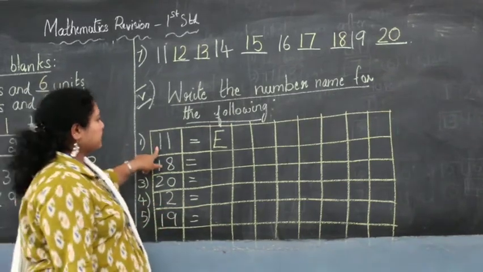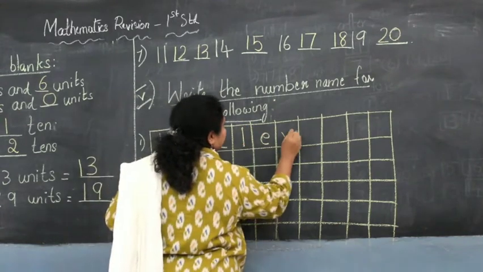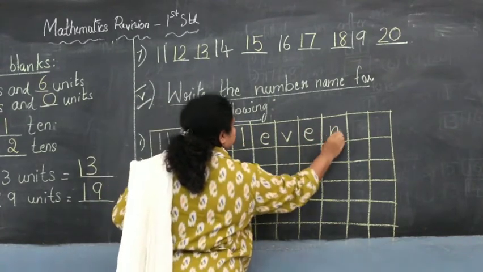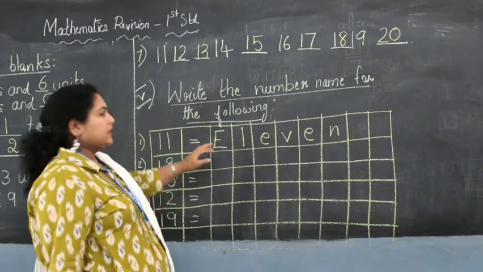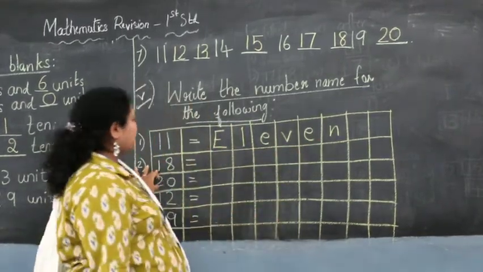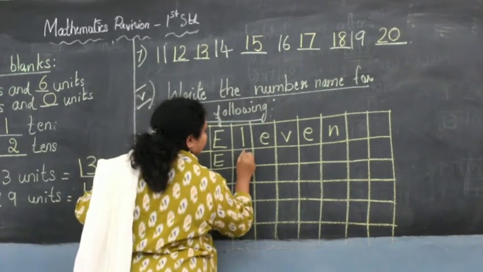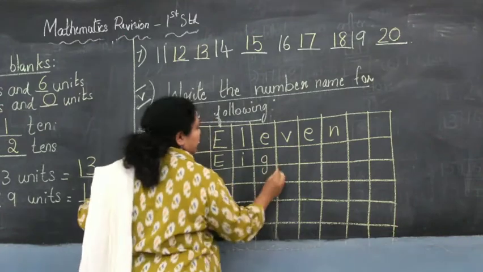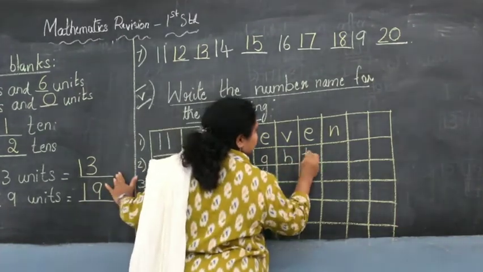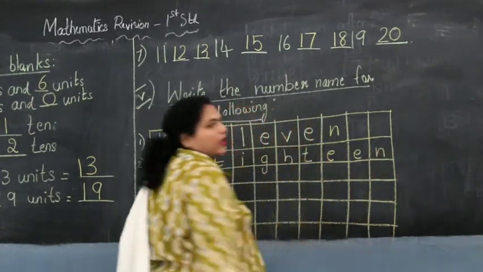So 11 equals E-L-E-V-E-N. 11. How do you write? E-L-E-V-E-N, 11. What's this? 18. E-I-G-H-T-E-E-N, 18.